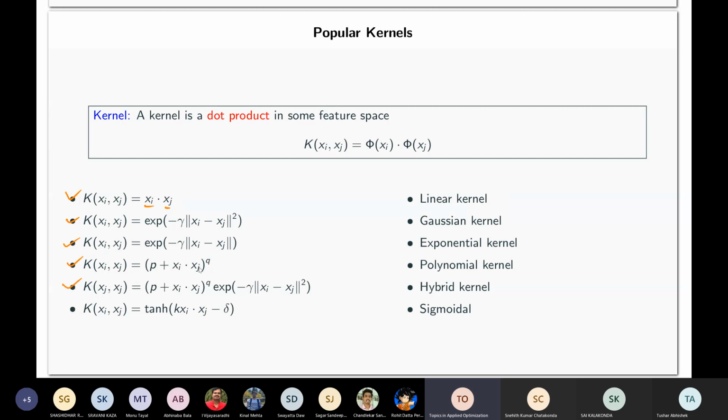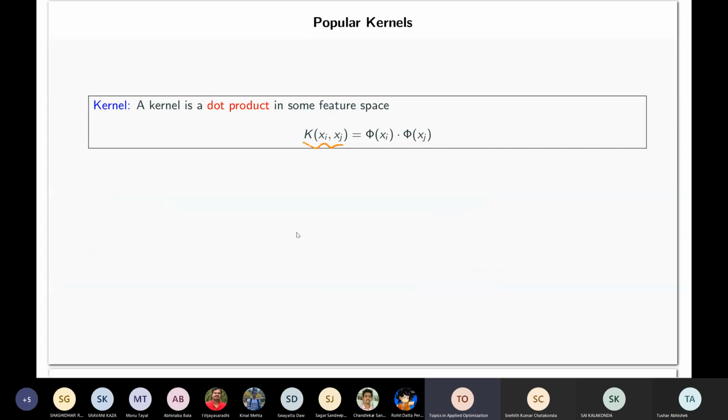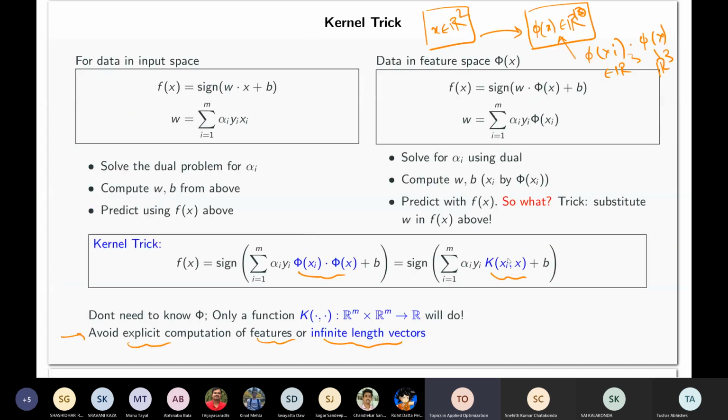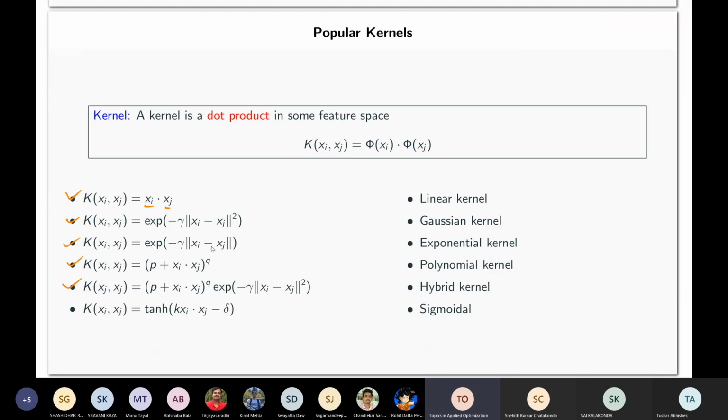And they have this specific form because of the dot product that we are trying to figure out in this space and not in this space. So even the kernels that you see here are chosen in a specific way that allows me to compute dot products in the original feature space itself.